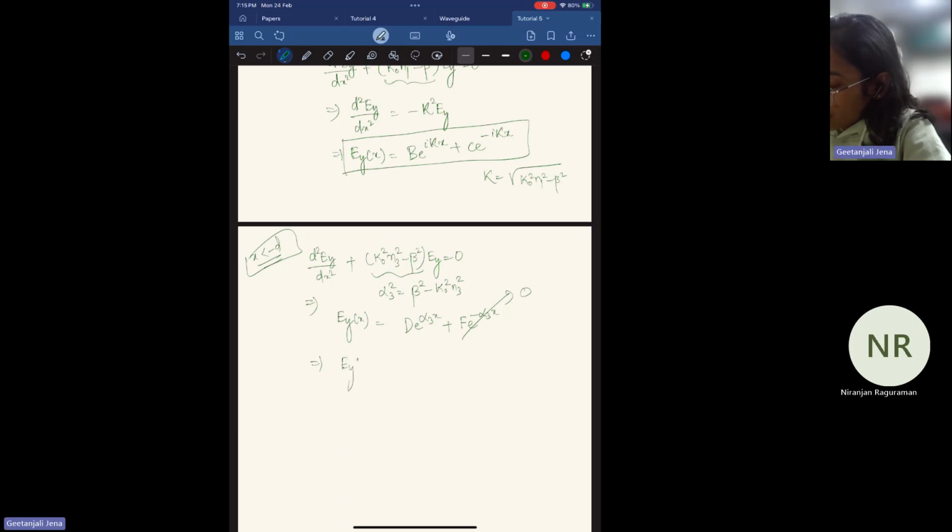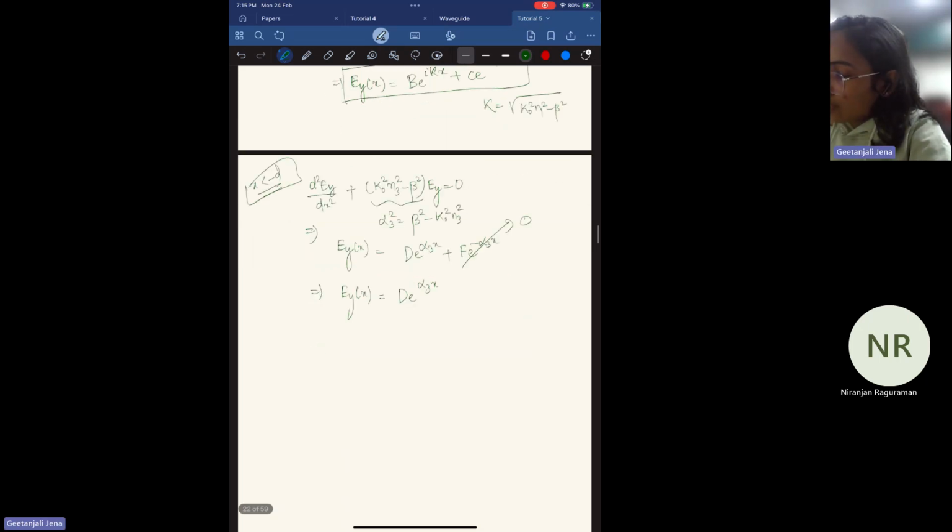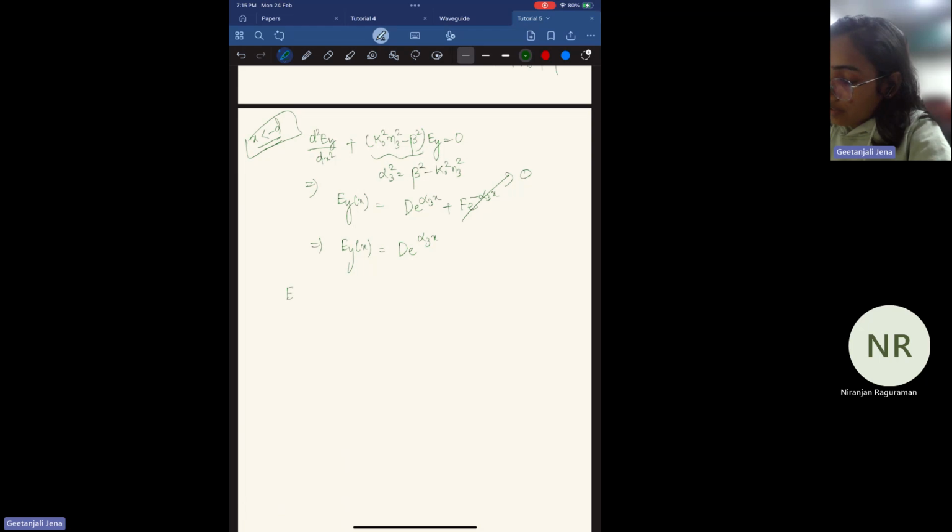So we have Ey(x) now as d e to the power alpha 3 x. To find out the values of A, B, and the transcendental equation, we need to use the boundary conditions. First, in the cladding we have a e to the power minus alpha 2 x. In the core region we have b e to the power i kappa x plus c e to the power minus i kappa x.